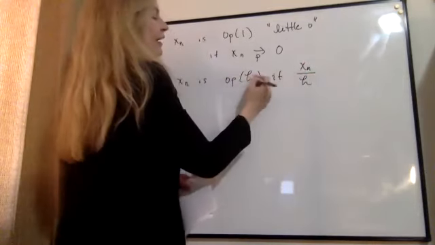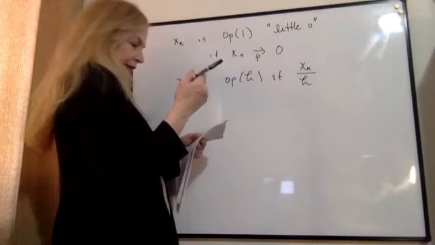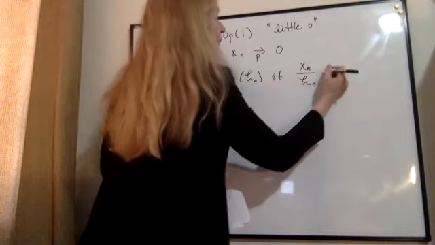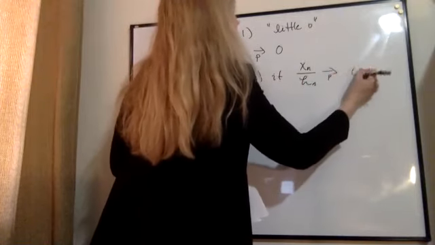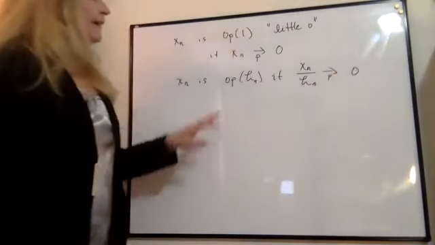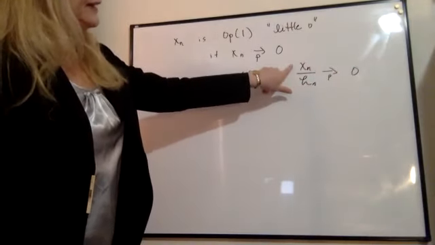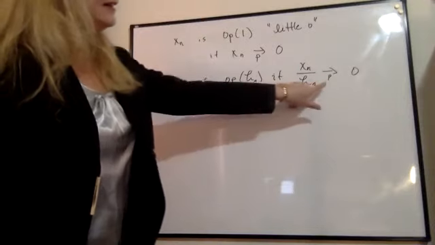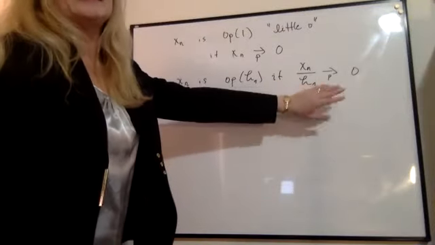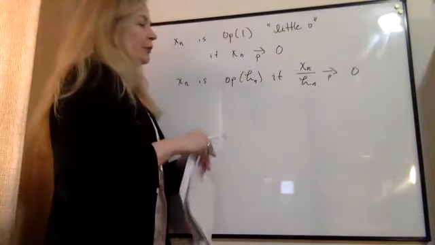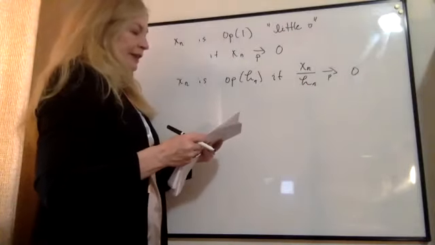So h is actually also going to depend on n for us eventually. If I take x_n and divide by h_n, and that converges in probability, this is the same convergence in probability we had before, then that would be little o_p of h_n.